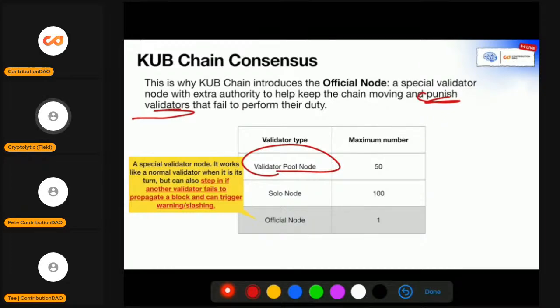Also, when it is some node's turn to propose a block and it has not proposed, it can make the chain stuck, so the official node also comes in and tries to propose a block instead of that bad node, to make sure that the chain can move forward.